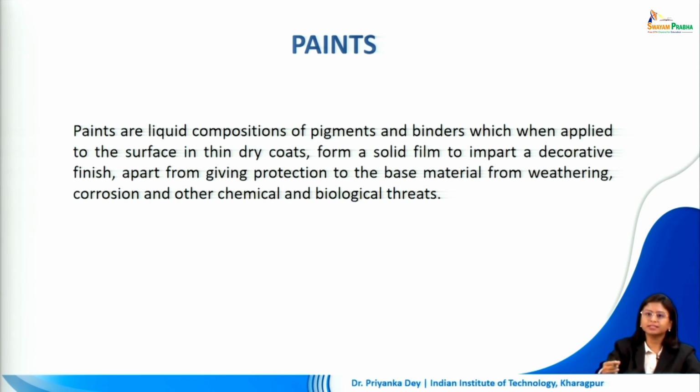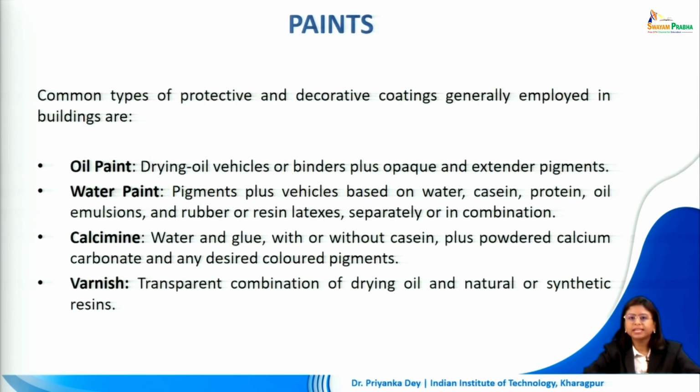So that gives us an indication that pigments and binders are some of the elements that we are going to use in creating paints. We will of course learn in detail what are the other things that we need to add to create paints. The common types of protective or decorative coatings that we generally apply in buildings include oil paint. These are drying oil vehicles or binders mixed with an opaque and extender pigment.